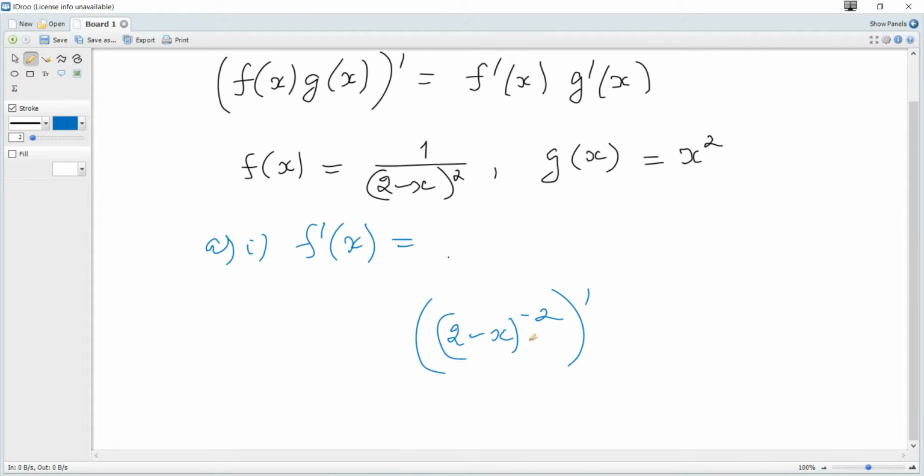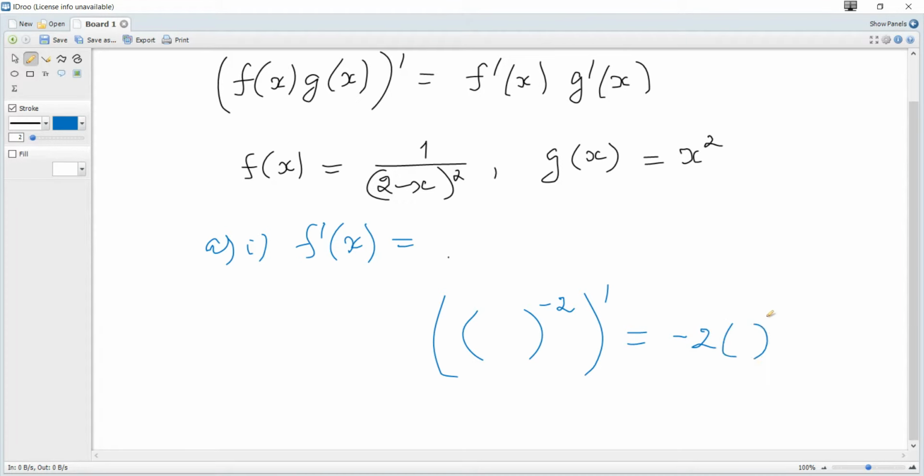The chain rule says that for an expression to the power of negative 2, we apply the rule as if it were just x to the negative 2, so it's negative 2 times something to the power negative 2 minus 1, which is negative 3, and the something's derivative. Or you may consider it as a quotient and apply the quotient rule, u over v derivative, where u is 1 and v is (2 minus x) squared.